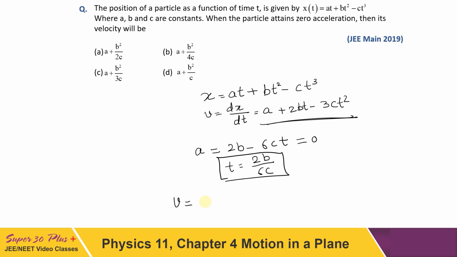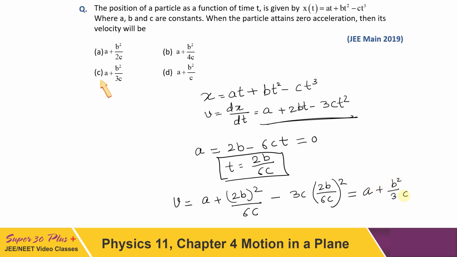So it is equal to a plus 2b, and in place of t we write 2b by 6c, so it will be square of this upon 6c minus 3c and then square of t, which is 2b upon 6c its square. On solving this, it will come out as a plus b square upon 3c, which is option number C.